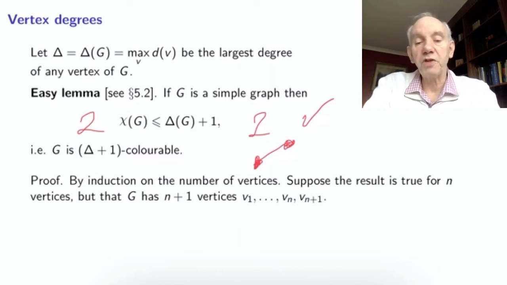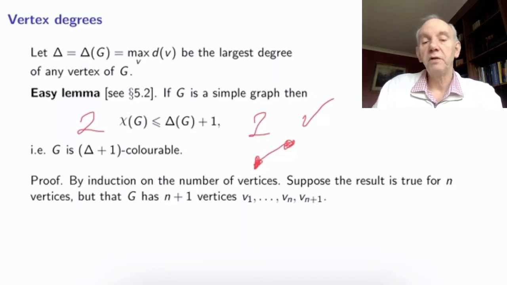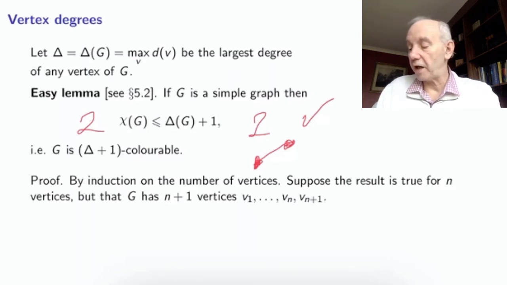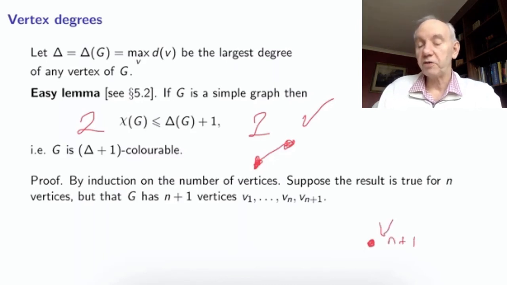Suppose the result is known to be true for n vertices, and we now have a graph with n plus 1 vertices. Then what we do is we label the vertices from 1 upwards, and we consider mainly the last vertex in our list, V(n+1), and we consider that separately and think of all the rest of the graph with all the other vertices on the left-hand side.